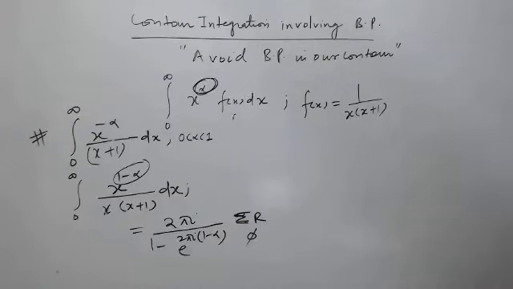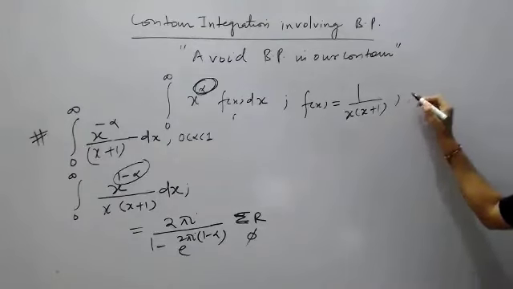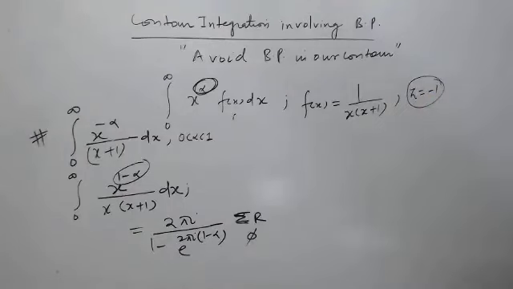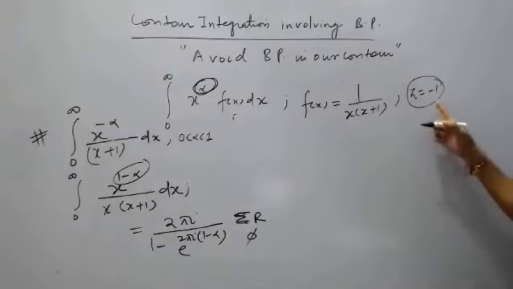Now we have to calculate the residue for this, and we do not have to do it at 0, so what is the point? z is equal to minus 1. Please check this. Where do we have to calculate the residue? At minus 1.